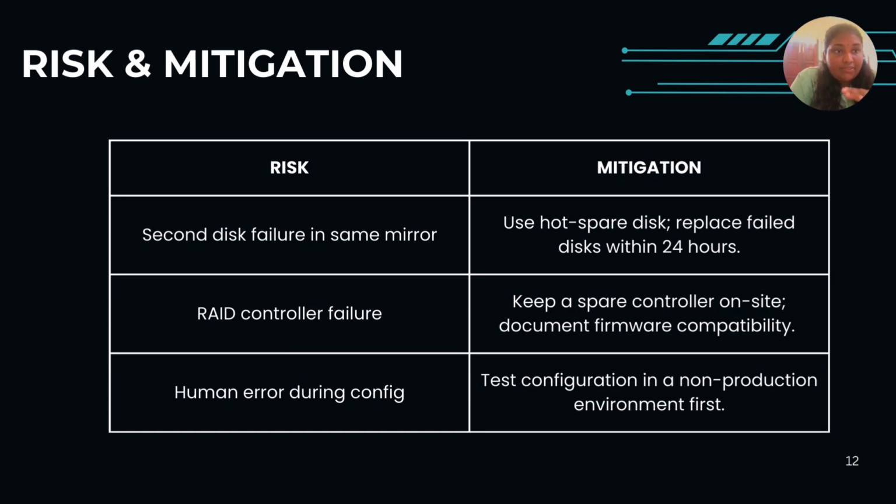Second one, act fast: having spare matches that fit the system version lets you fix failed parts quickly, you don't have to wait too long, you can do it on the spot. And last one is test carefully before making changes to the live system. These are the three main risks and mitigations that most companies face.